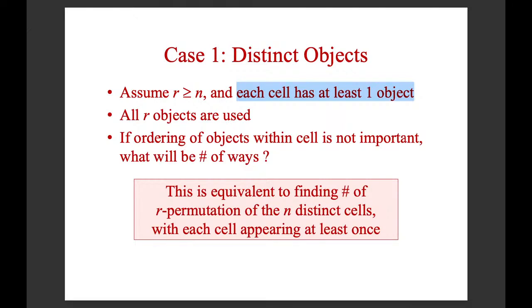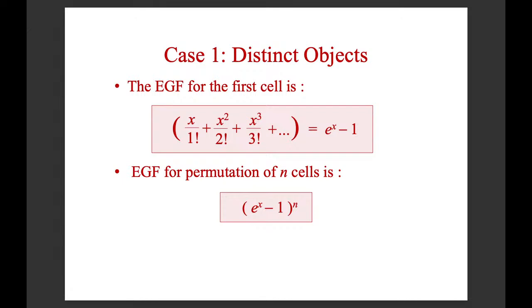The EGF for label 1, which specifies which items are put into the first cell, is e to the power x minus 1. So the whole system will have EGF (e to the power x minus 1) to the power n.